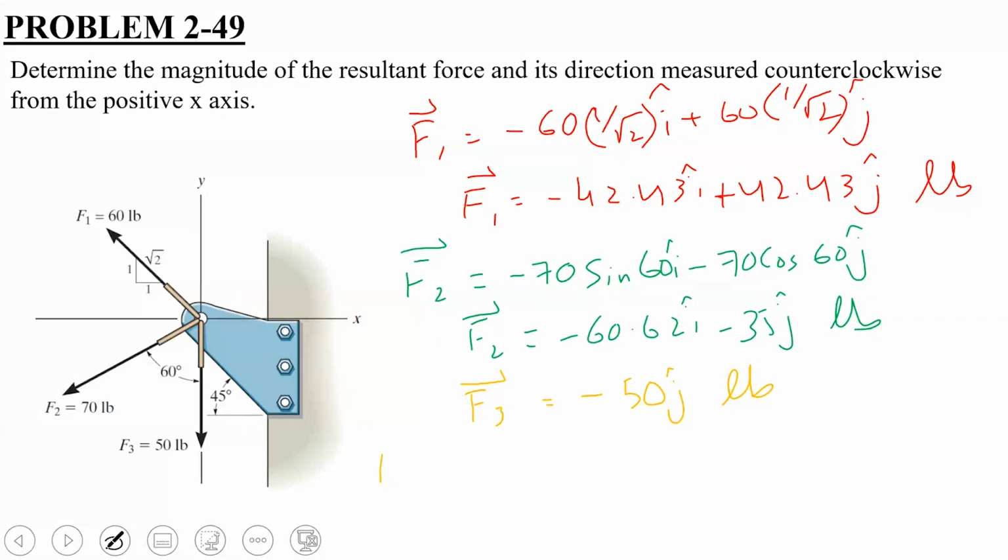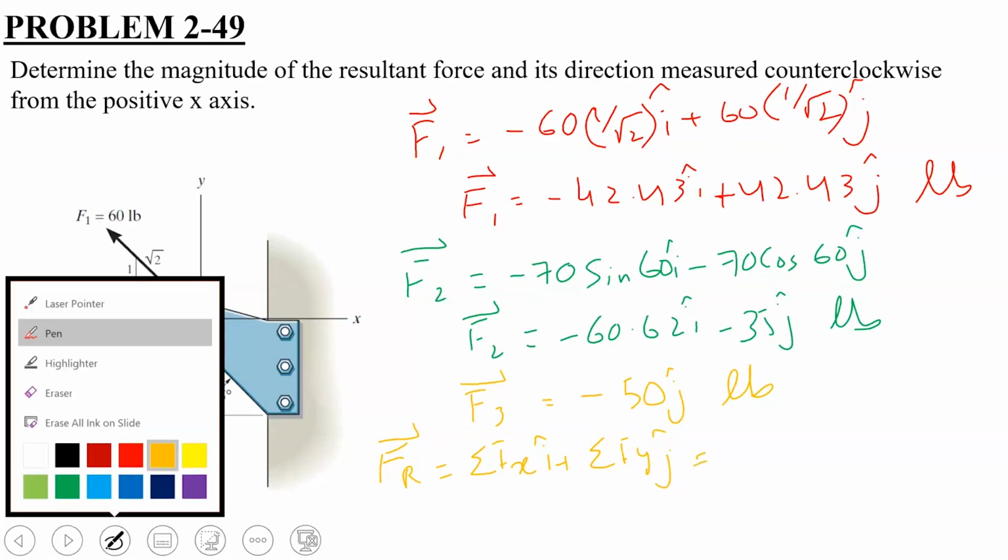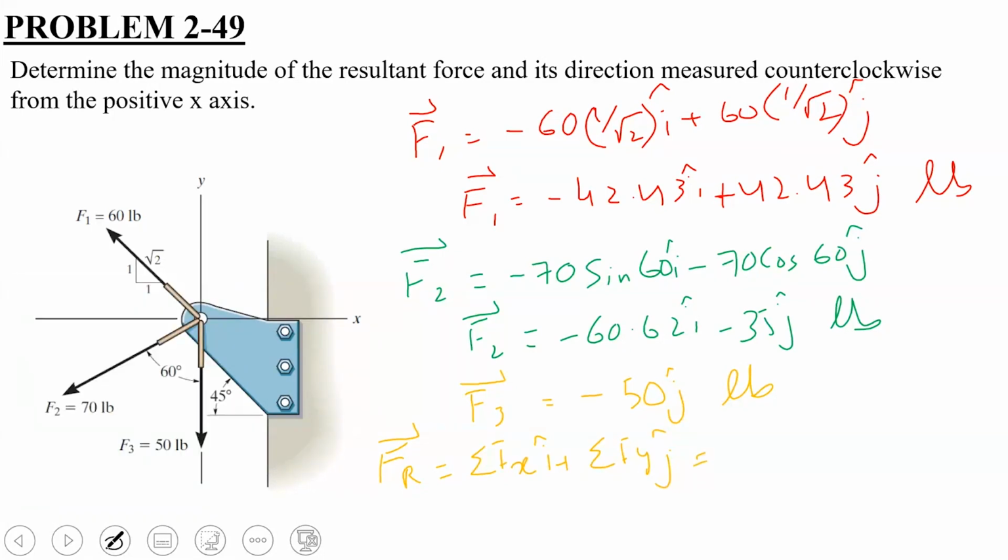Now the resultant force Fr is equal to summation Fx i plus summation Fy j. Once you sum these components along the x and y axes, Fr is minus 103.05 i minus 42.57 j.